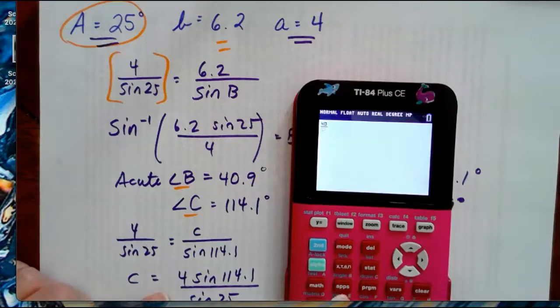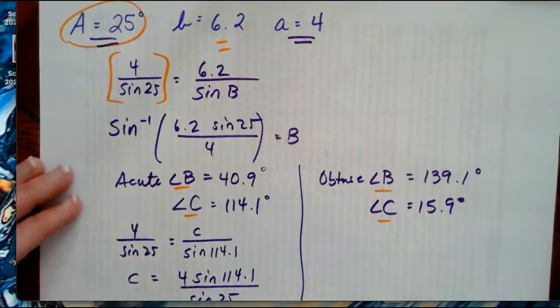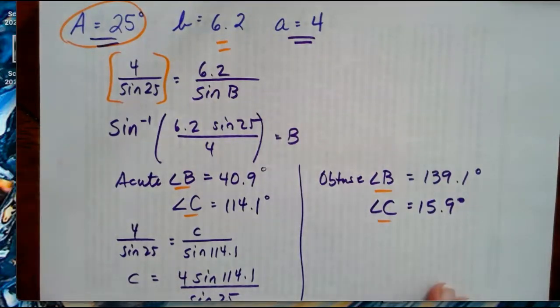So 4 sine 114.1 over sine 25 gives us 8.6. Little c is 8.6.